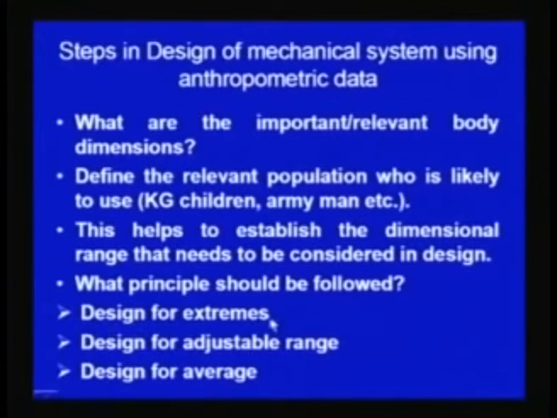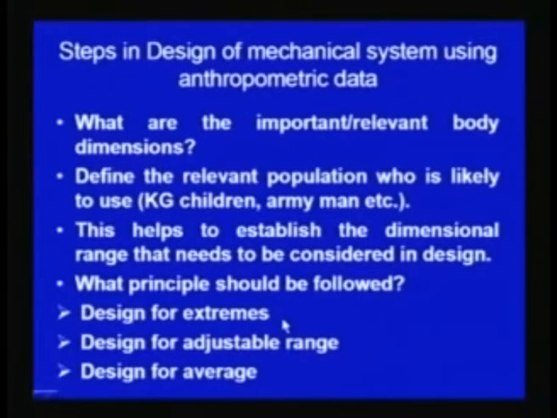Which of these three principles is to be used for designing a given mechanical system, the decision is taken on whether a component or the mechanical system is to be designed for extreme people with extreme anthropometric features, or for people with a variety of anthropometric data, or for the entire range of people who can use a given mechanical system.